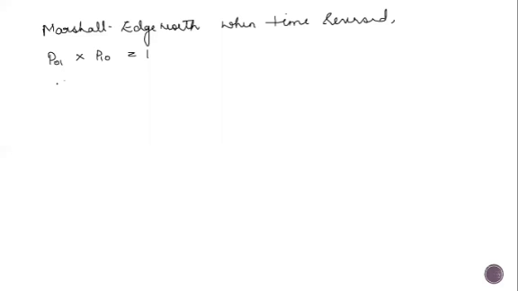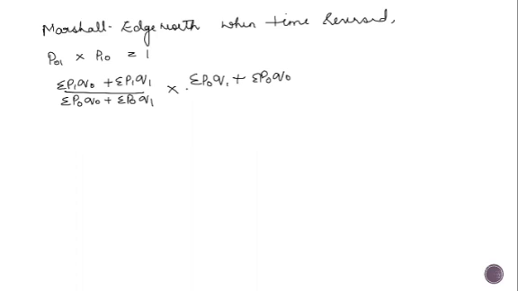It is summation P1 Q0 plus summation P1 Q1 divided by summation P0 Q0 plus summation P0 Q1, into summation P0 Q1 plus summation P0 Q0 divided by summation P1 Q1 plus summation P1 Q0.